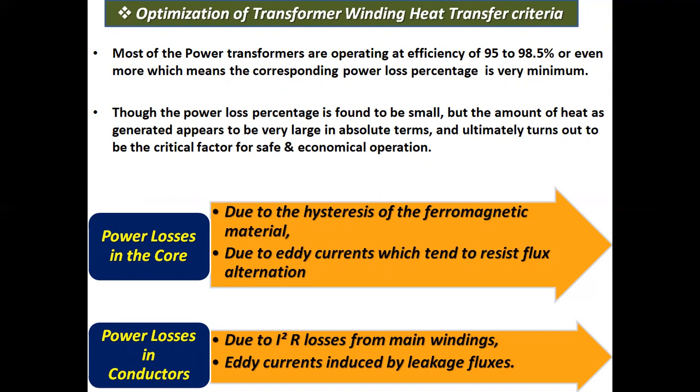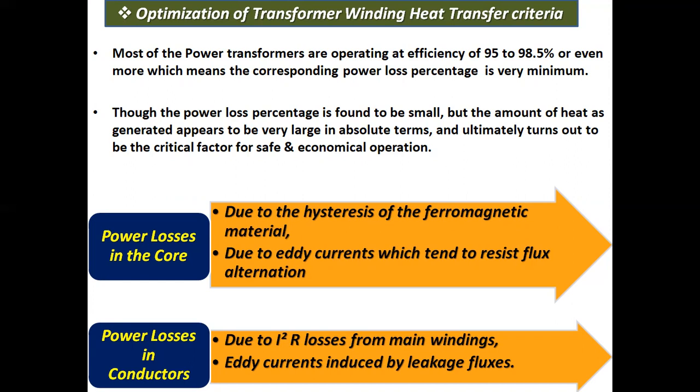Power losses in the core are due to the hysteresis of the ferromagnetic material or due to eddy currents, which tend to resist flux alternation. Power losses in conductors are due to I square R losses from main windings and eddy currents induced by leakage fluxes.